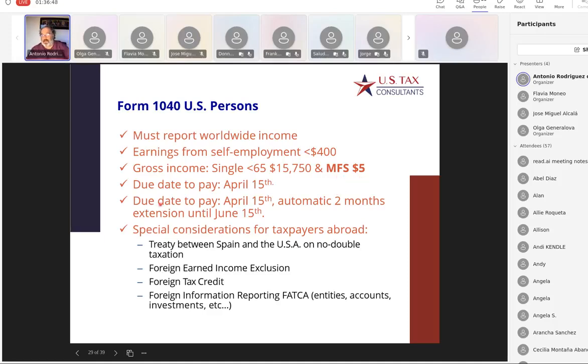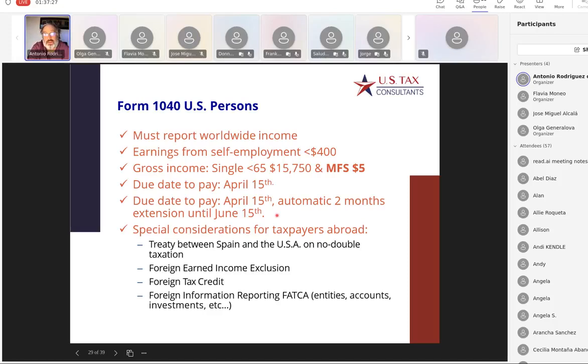As you know, the due date to pay is April 15th. According to U.S. law, you have to pay the taxes in advance, so you have to pay everything before April 15th. The due date to file is also April 15th, but you have an automatic 2-month extension until June 15th if you live in Spain on April 15th.